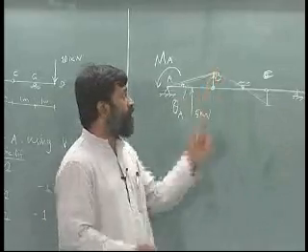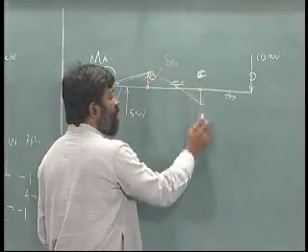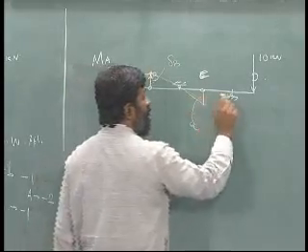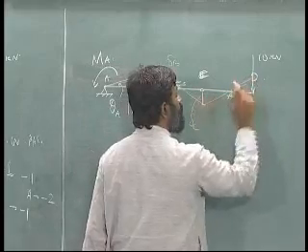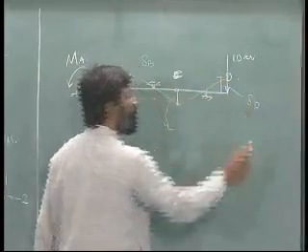This is an upward displacement delta B. This is a downward displacement delta C. And again, consistent to this, I should get this, which is delta D. Simple.